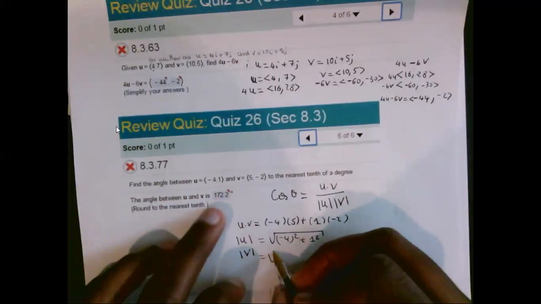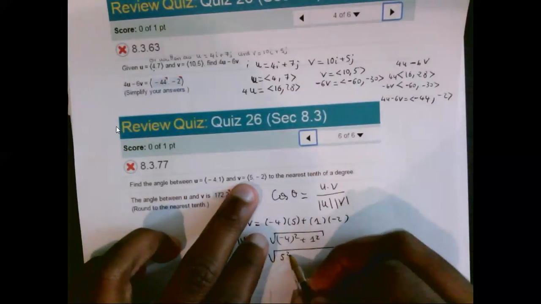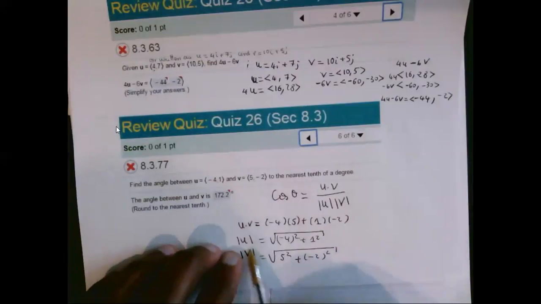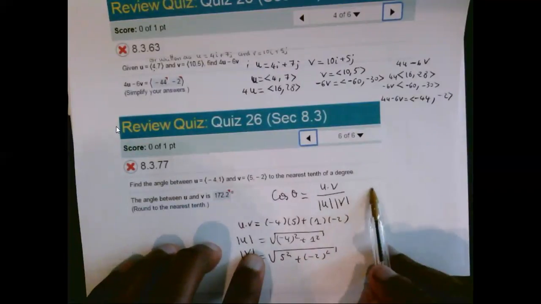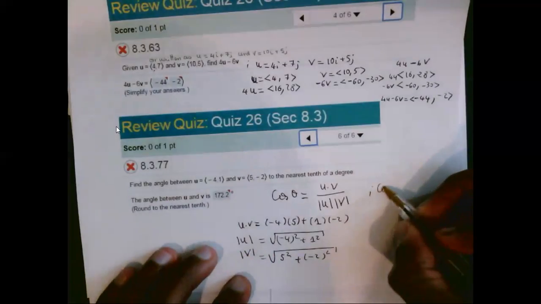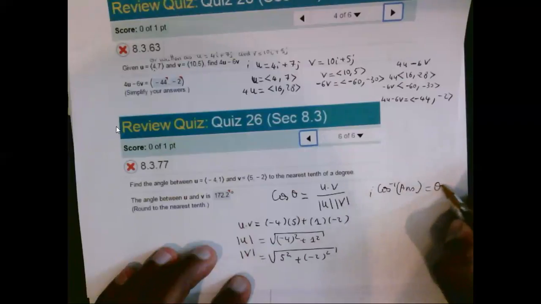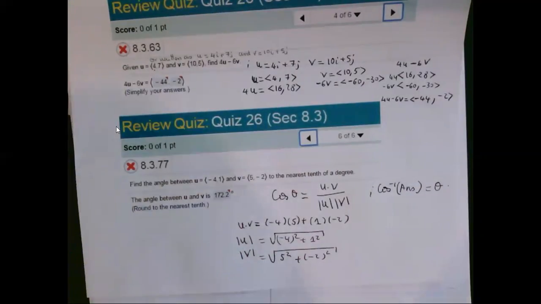Then you plug everything back in and take the cosine inverse of your answer. That will give you the angle theta. So that's how you solve this kind of question, and I call this one the extra one.